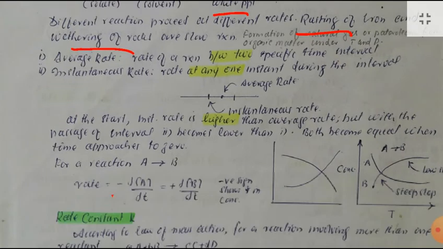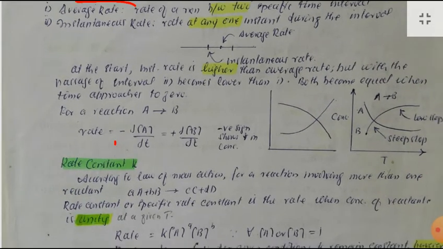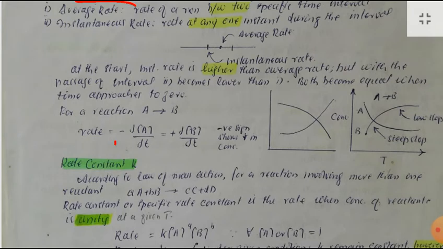Here we have graphically shown how the rate of a chemical reaction takes place. Just look at this graph. We have two species, A and B. Here we have shown that A is transforming into B. As the reaction sets on, the concentration of A will decrease and the concentration of B will increase.